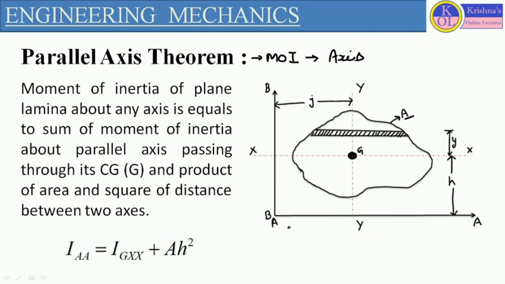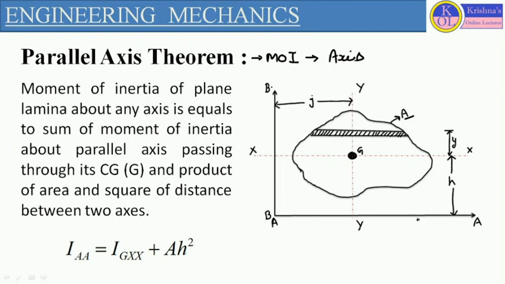Axis XX and axis AA are situated at distance h, or the distance between these two axes is h, and the distance between axis BB and axis YY is j. So axis AA is parallel to axis XX and axis BB is parallel to axis YY.